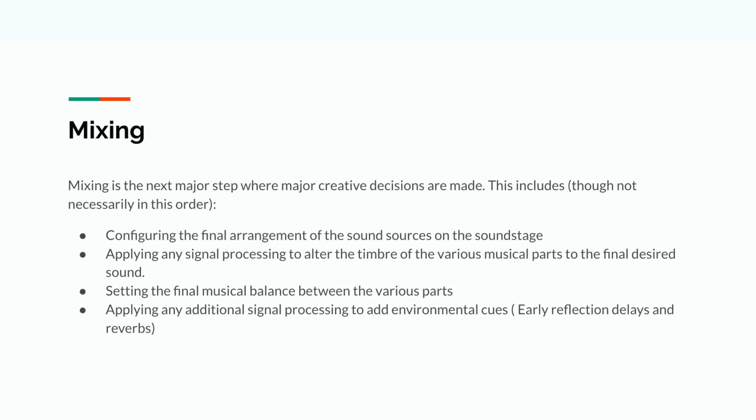The final arrangement from left to right, and to a certain extent our perception of front to back, what instruments are closer to us and what instruments are farther away, is one of the main things that's going to happen during the mix process. And of course, in certain types of recording, like live to stereo, that was determined in the room by where the players were, due to the nature of how we recorded it with a main stereo array that just accurately represented the spatial arrangement of the musicians in the room.